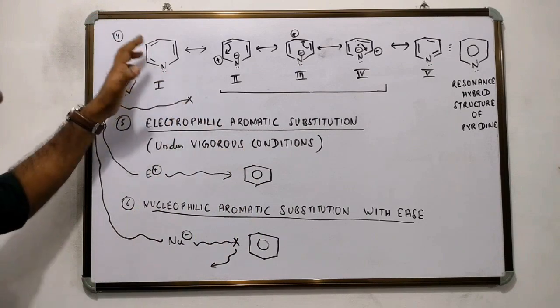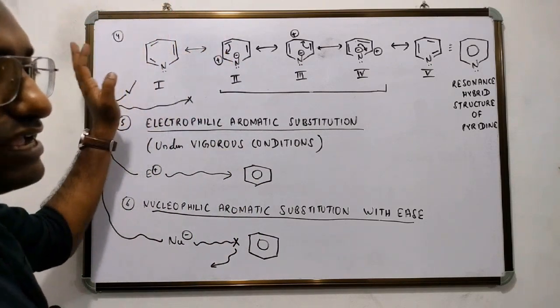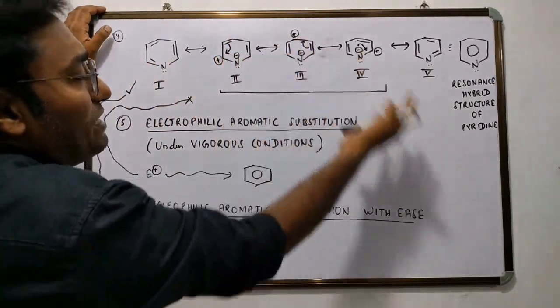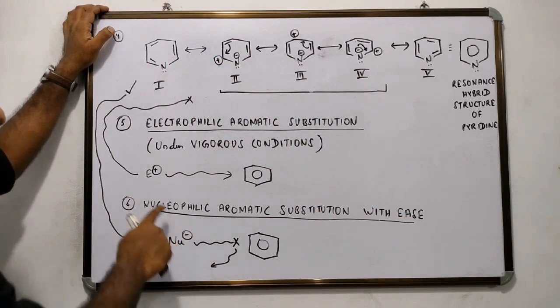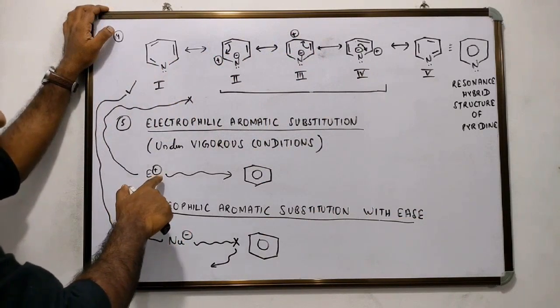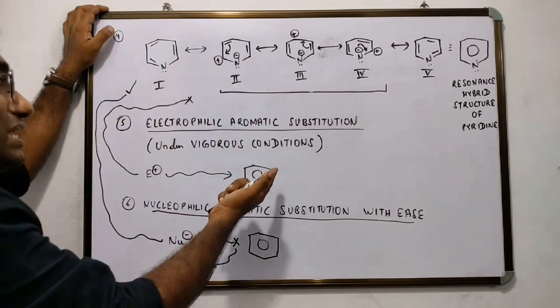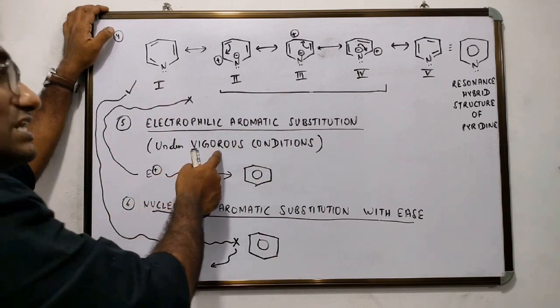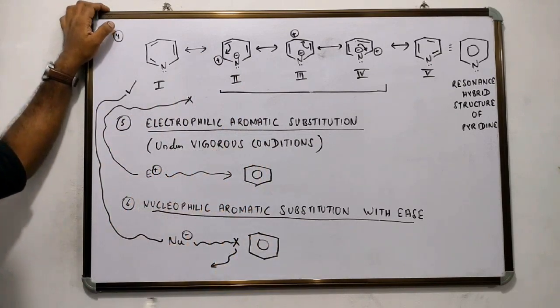Why? As it is not attracted by pyridine ring, owing to the positive charge on the pyridine ring. Therefore, an electrophile would not attack pyridine ring at normal conditions. However, at vigorous conditions, it would do so.